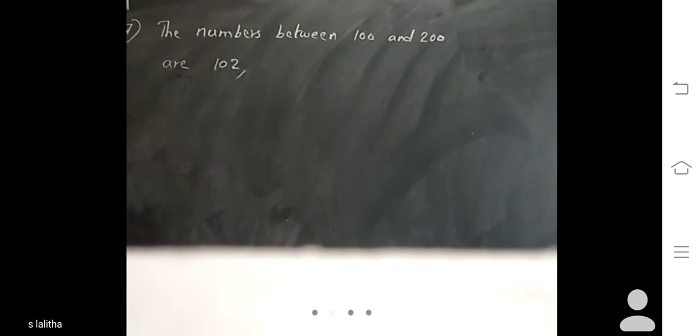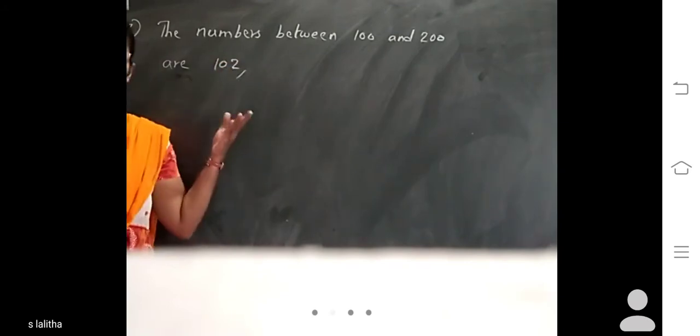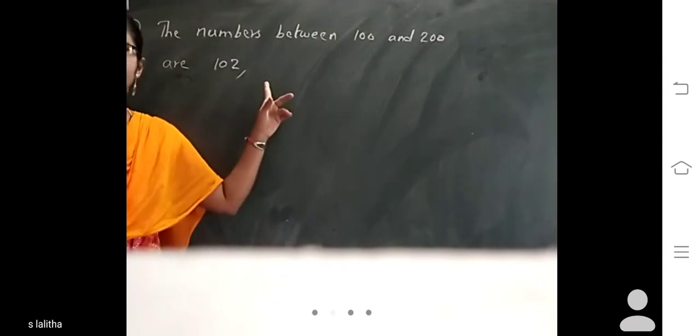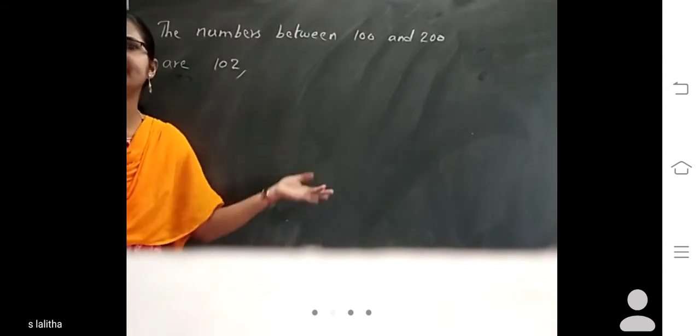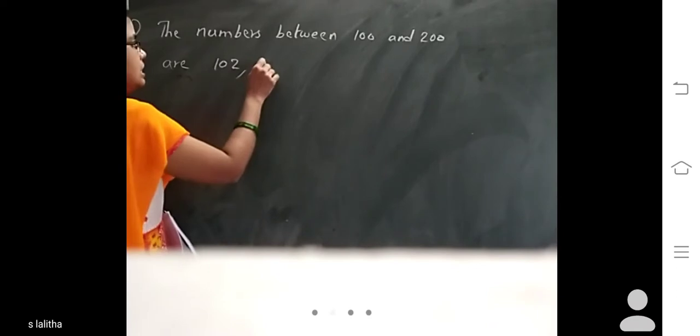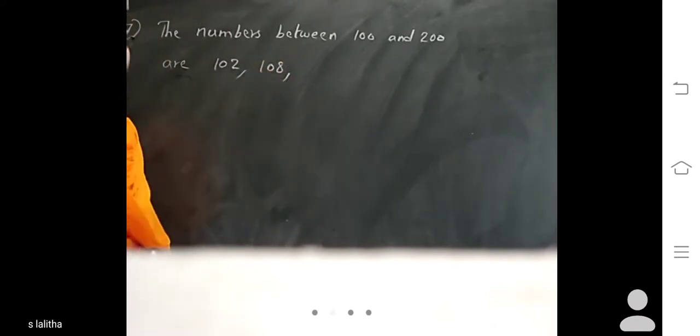What is the next number? You have to add 6. 102 plus 6 is 108. Again add 6, 114. Add 6, 120. Add 6, 126. Add 6, 132.